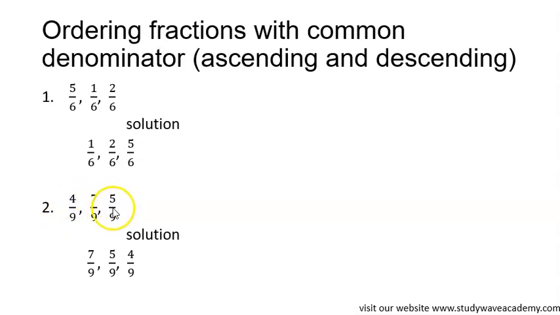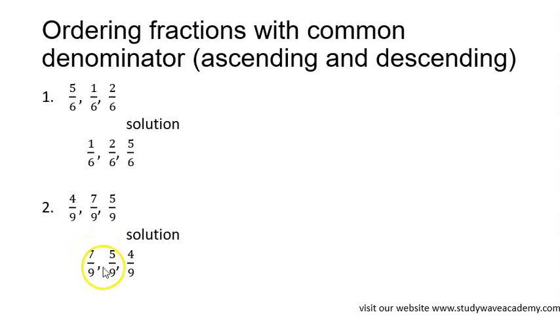Descending order is from the biggest to the smallest, right? So which number is the biggest here? 7. And after 7 is 5, and last is 4, right? So it's 7 over 9, 5 over 9, and 4 over 9, okay? The denominators are the same, so we use the numerators to arrange them in descending order, okay?